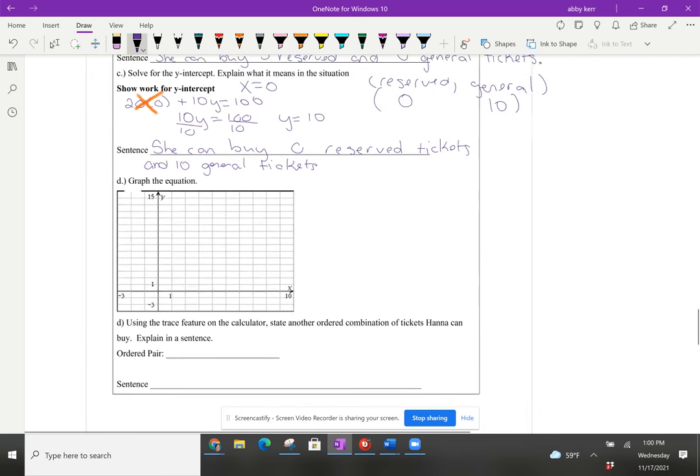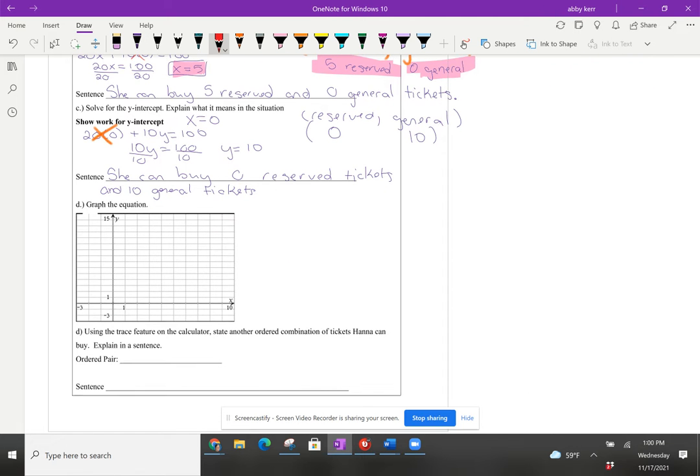Now let's graph this situation. One combination she had was 5, 0. And then the other one was 1, 2, 3, 4, 5, 6, 7, 8, 9, 10 general tickets. For right now, I'm not going to draw the arrows. We'll talk more about that later.